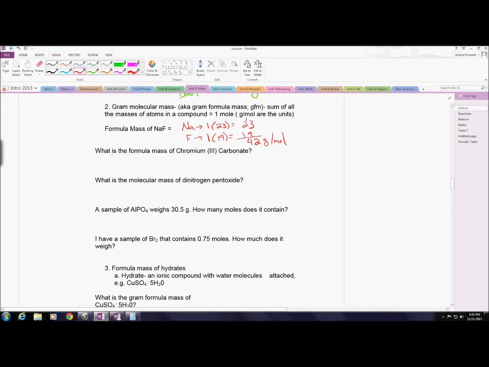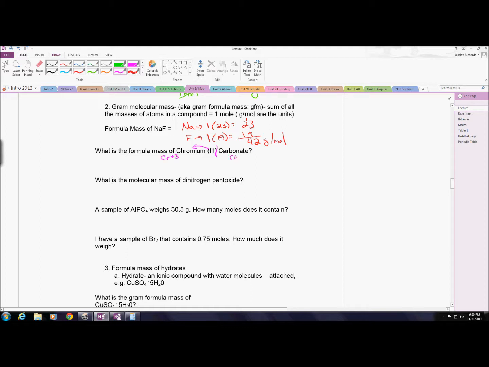They can make this slightly harder by having you convert a name into a proper formula first. So chromium is Cr, and this 3, remember, goes with the chromium, and it tells me the charge. So the chromium has a charge of +3.